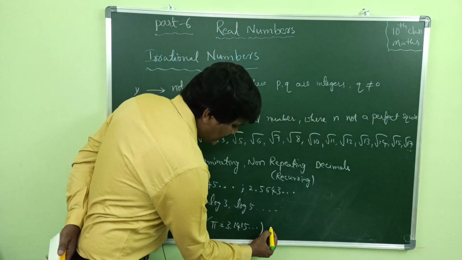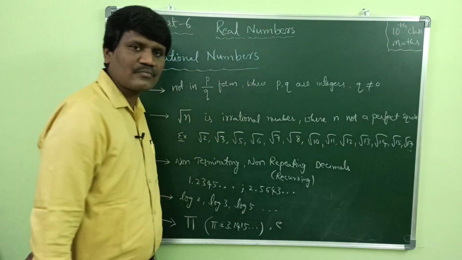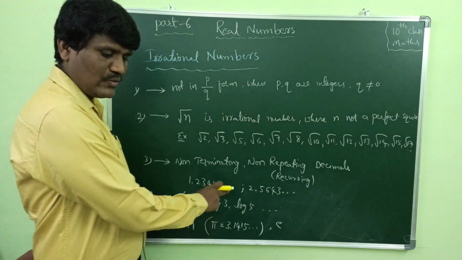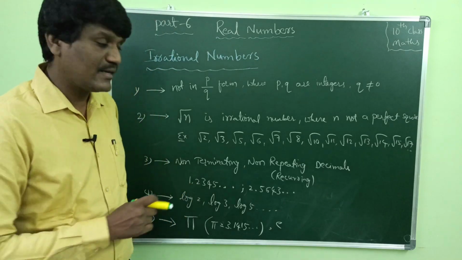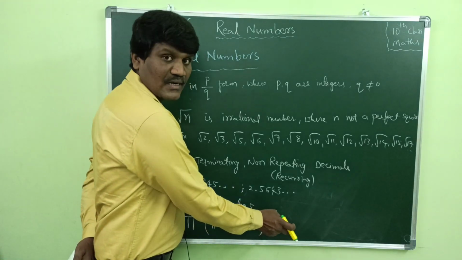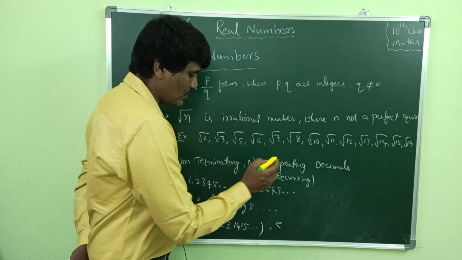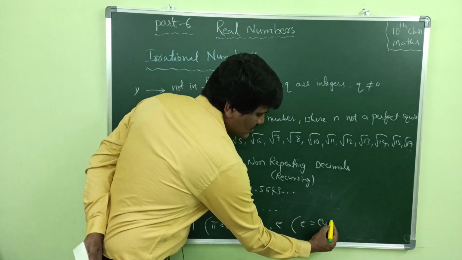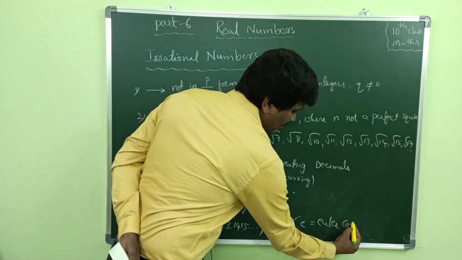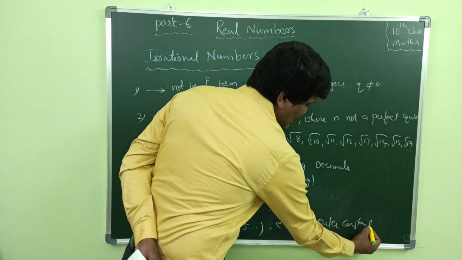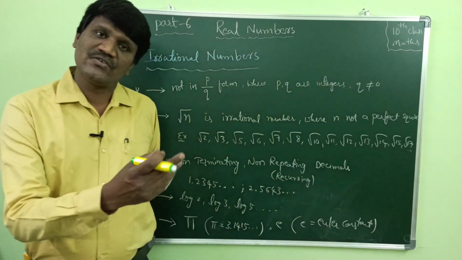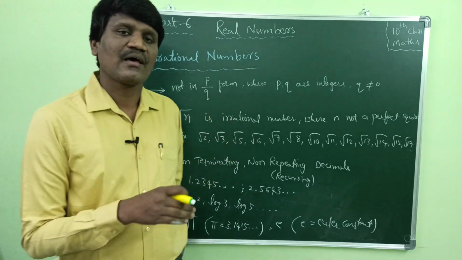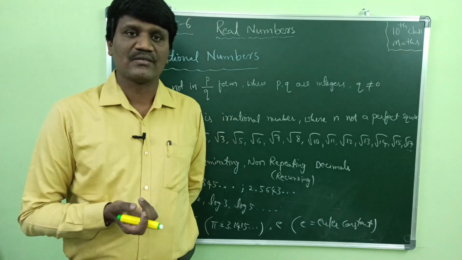Next one more, if I take e, e is also an irrational number. E is nothing but the Euler constant, which we are going to use in logarithms or in higher classes.